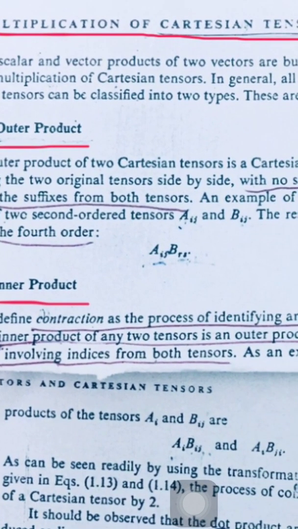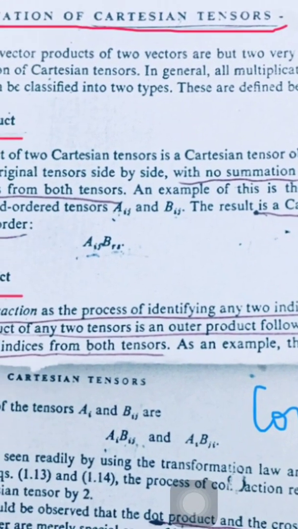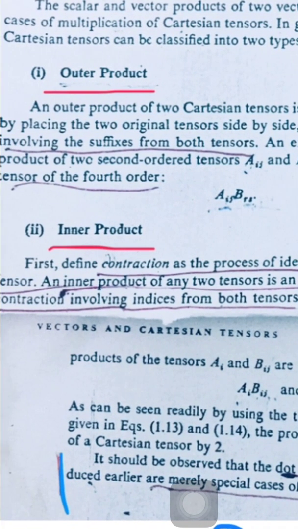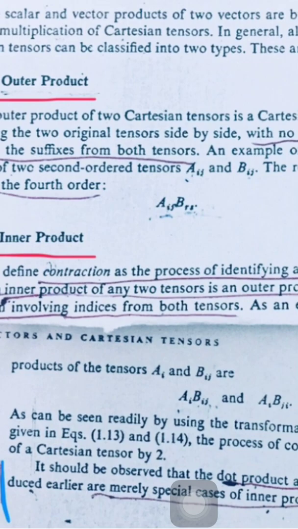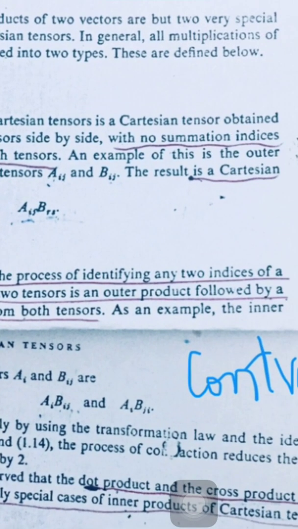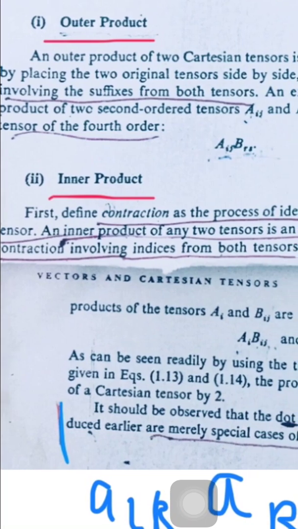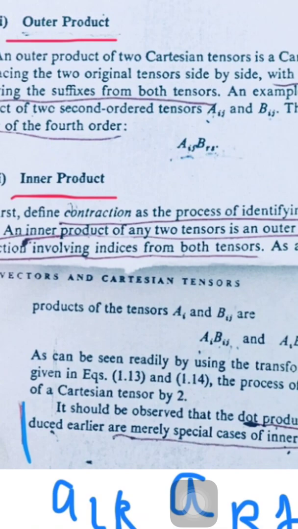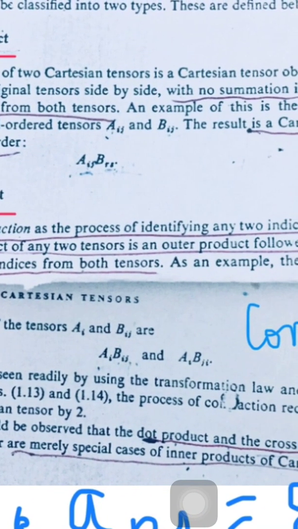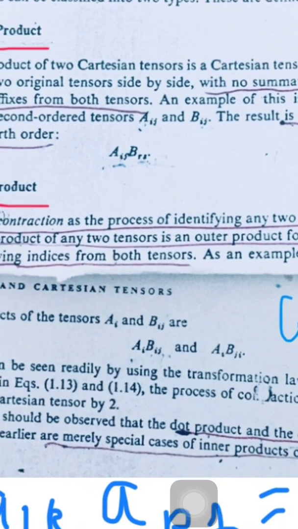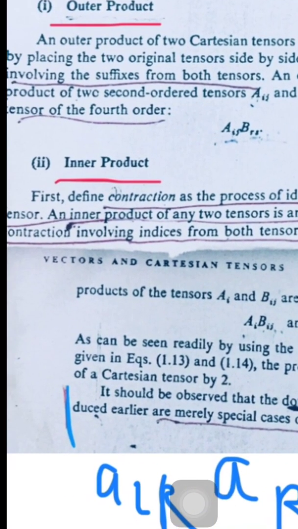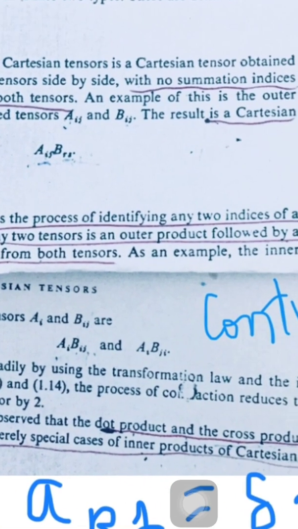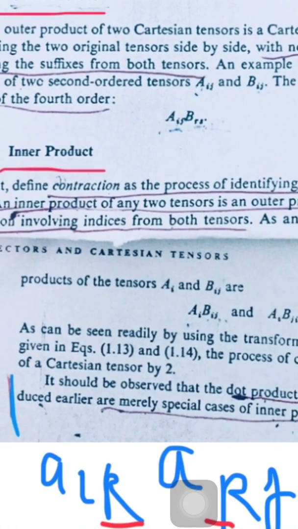An outer product of two Cartesian tensors is a Cartesian tensor obtained by placing the two original tensors side by side, with no summation indices involving the suffixes from both tensors. This is important. An example is the outer product of two second order tensors, Aij and Brs.